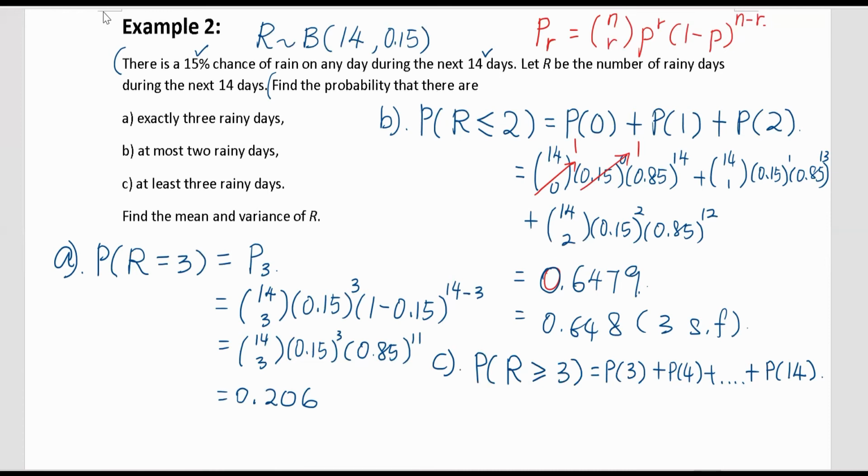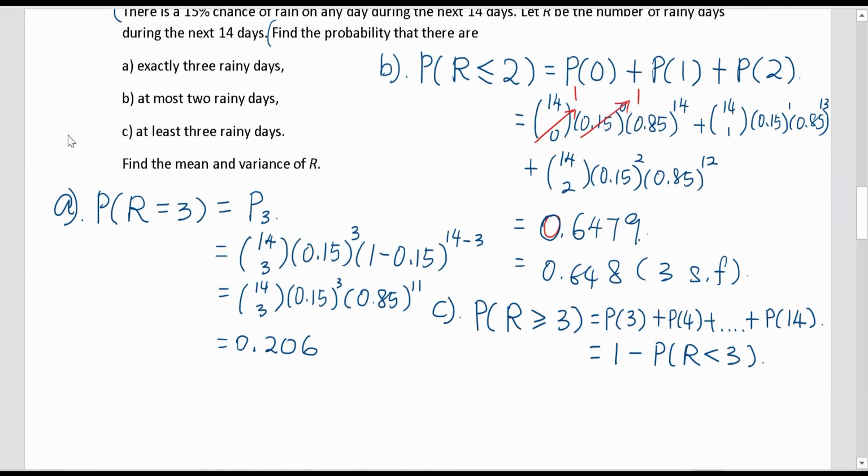So it's not a good choice to do the calculation using the formula so many times. In this kind of situation, what would we do? We take 1 minus the probability that R is less than 3 rainy days.